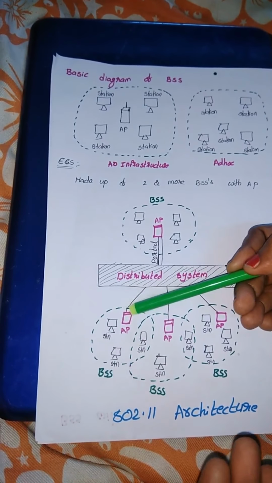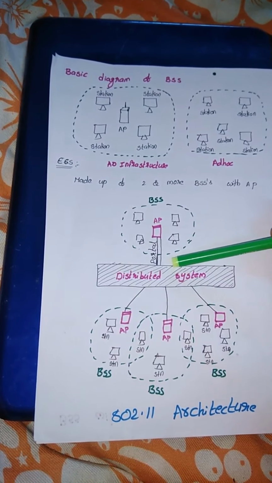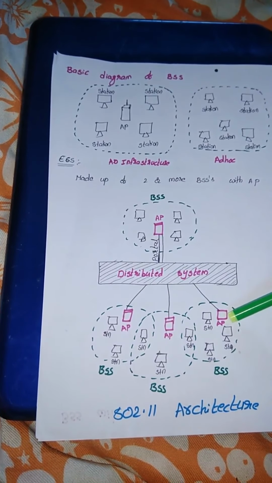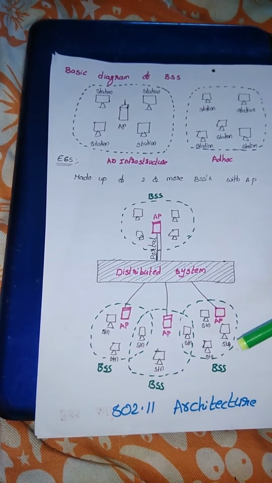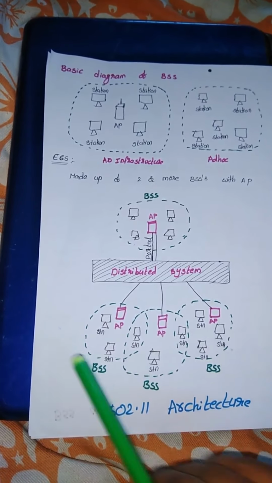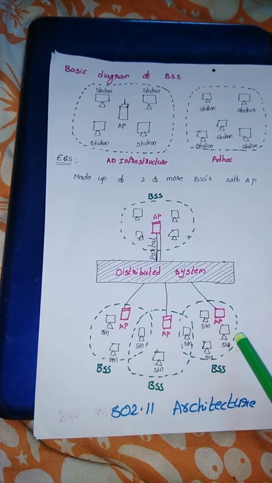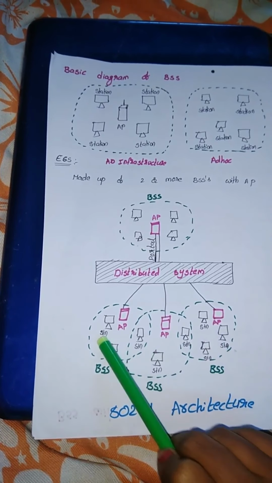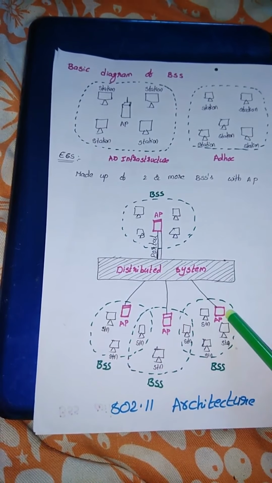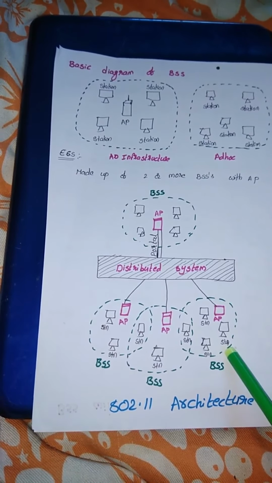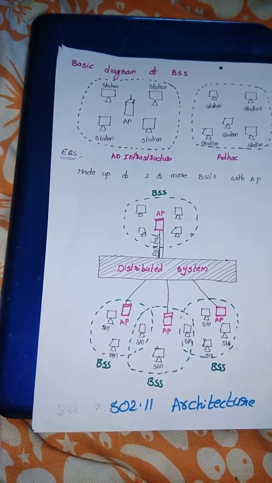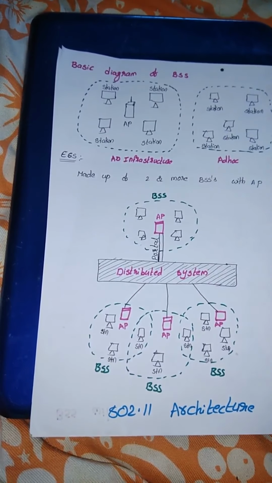The access point transmits the data to the distribution system, and the distribution system transfers it to another access point. From that access point, the data is transferred to the destination station. So the communication from source station to destination station is done: station to access point to distribution system, distribution system to access point to station. This is the process of the 802.11 architecture, which is wireless communication.